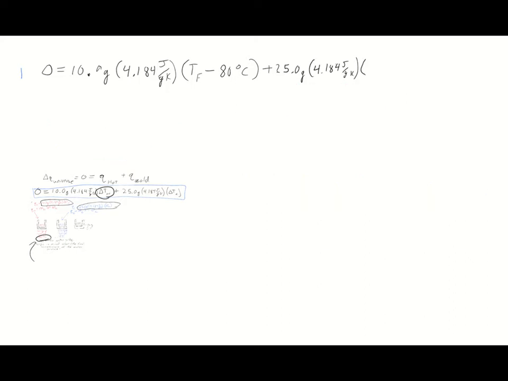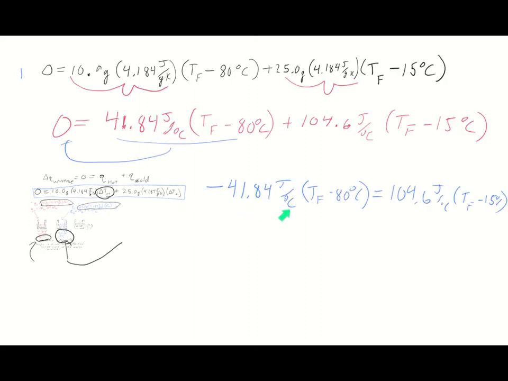Now I'm going to distribute, and that means I'm going to multiply my 41.84 times my TF and my 41.84 times my 80.